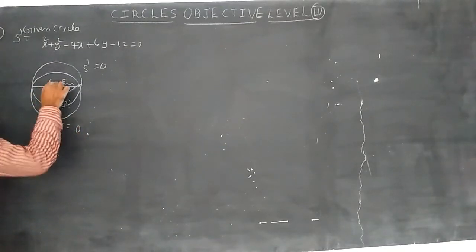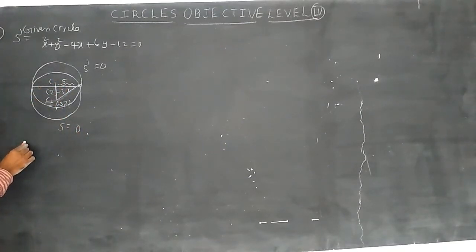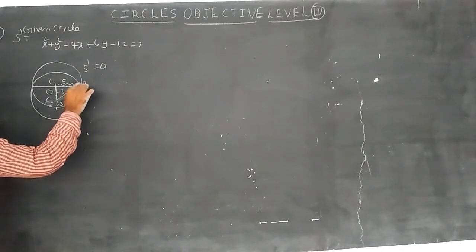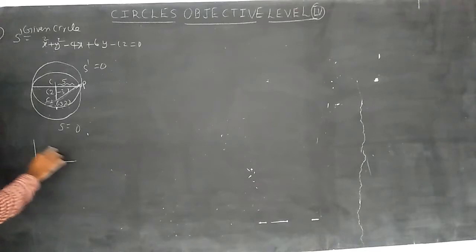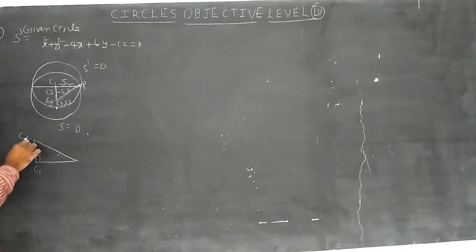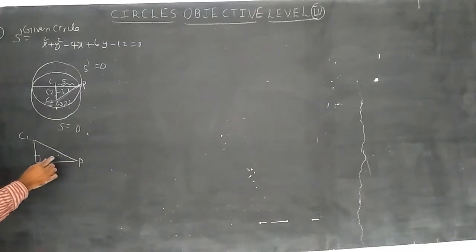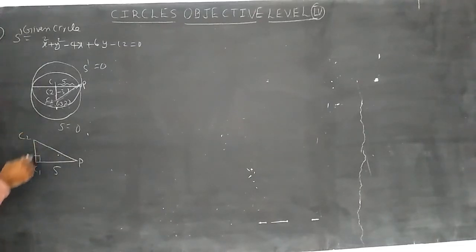Let this be C1. Now put this as P. Draw a triangle like this. This is C1, at C1 this is a right angle. This is C2 and this is P. C1P you can write 5, and C2P.